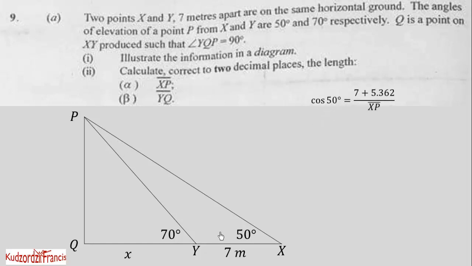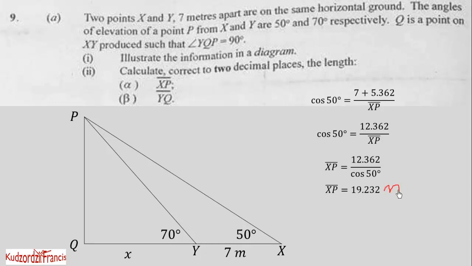So cos 50 degrees will be equal to adjacent, which is from this side to this side, 7 plus 5.32 over XP, which is the hypotenuse. So that will give us 12.362 over XP, and swap XP and cos 50, and that will give you 19.232 meters.